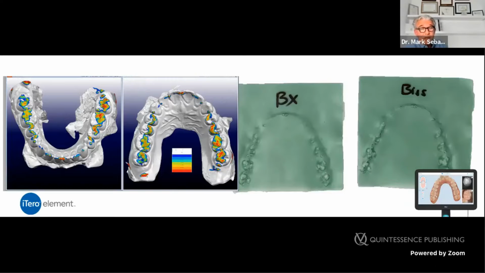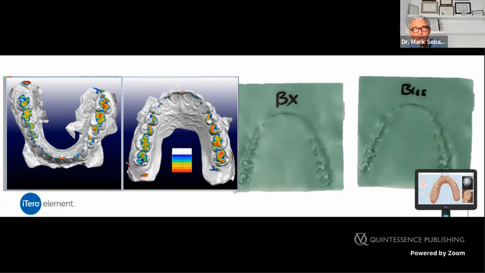So how could we discover this kind of problem? There are two systems I use in my office. We can do a scan with iTero and take a look at the occlusal program. And we found here at the front teeth two heavy contacts, marked in red.